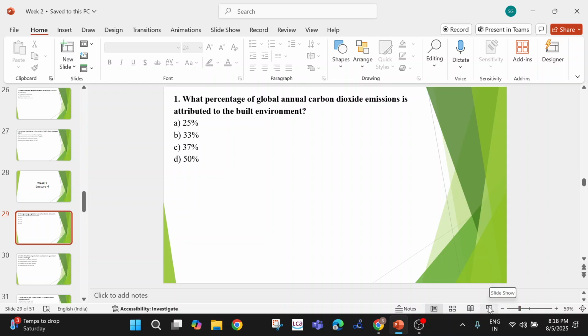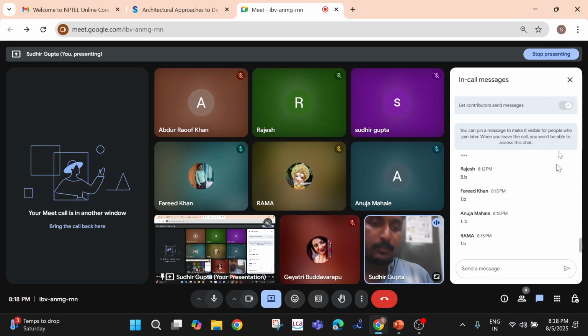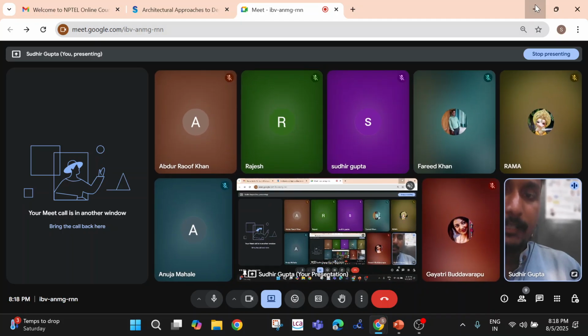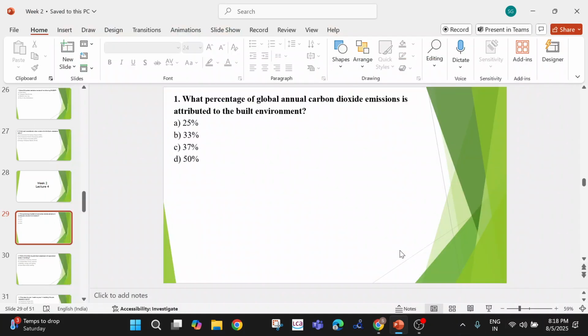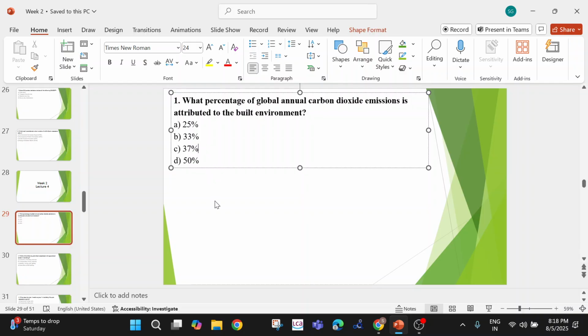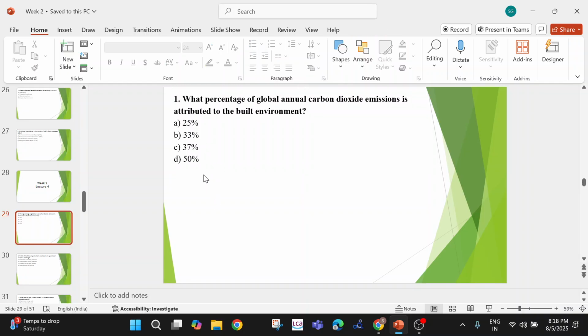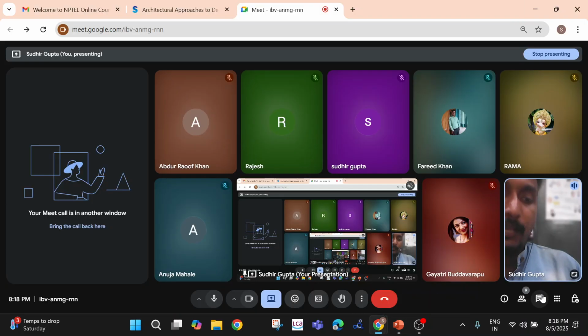It's not the option that all of you selected, that is option B. Option B is not the correct answer. It was 37% actually, but if you round off to a nearby value, it will be nearly 40%. Or for the more concise answer, it was 37% of the global annual carbon dioxide emissions attributed to the built environment. So it is fine. Can we move to the next question?